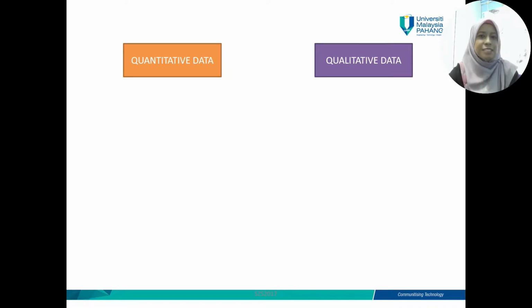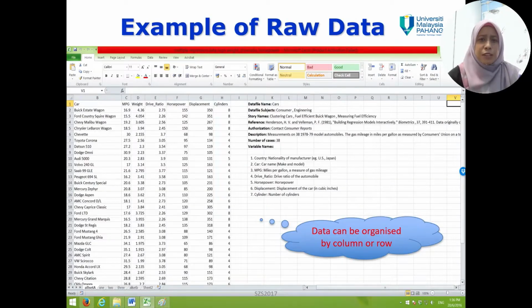So what is a quantitative data? Basically, it's just numerical data, the variable that has numerical values. That is quantitative data. On the other hand, qualitative data is the variables which have non-numerical data values. Let's take a look at the example again.